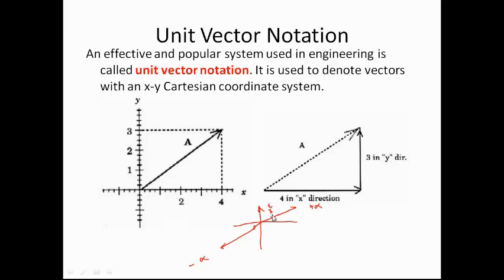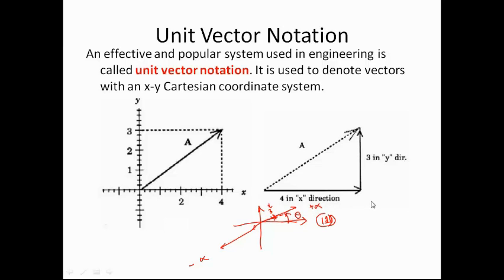So the unit vector represents the smallest line, having a magnitude of 1 and the same direction as this vector. For this vector, the unit vector is a vector having magnitude 1 and this direction, making a particular angle theta with the x-axis. So this is about the unit vector.